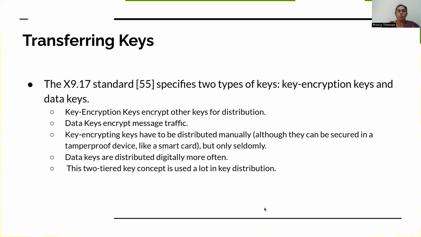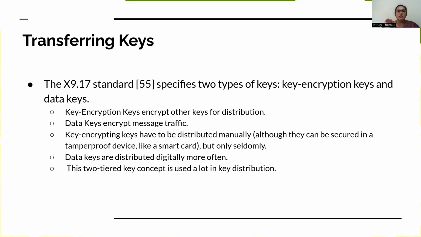Okay, next is transferring keys. Another problem is that once good keys have been generated properly, they should be transmitted to the sender and the receiver securely. Normally in the X9.17 standard, 2 types of keys are specified. A key encryption key, that is a key that is used to encrypt other keys, and the actual keys, which are the data keys. The key encryption keys encrypt other keys for distribution, and data keys encrypt the actual traffic or data.